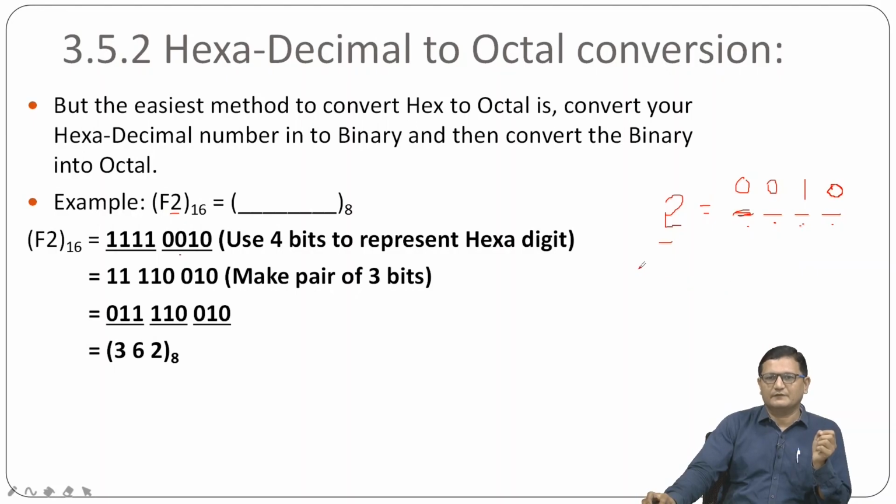Similarly, suppose F is given to you and you just have to compute its binary. F means 15, that you should know. So here we have 15. Now I will mention the 4 bits: this is 8, 4, 2 and 1.